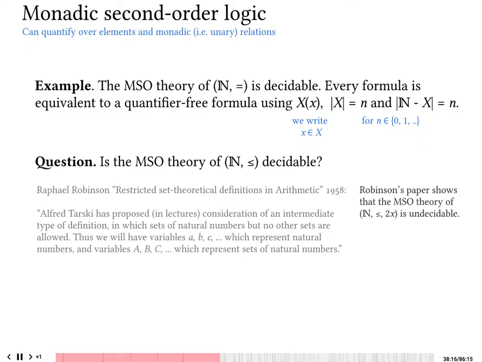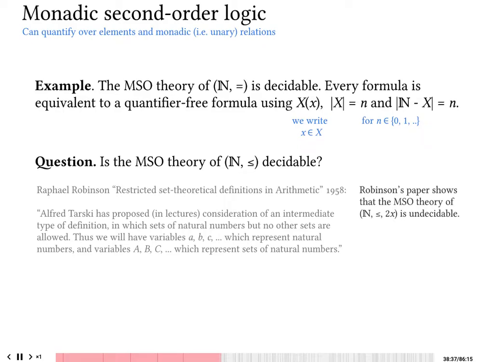The paper of Robinson that I'm citing maybe didn't give an answer to Tarski's original question, but it showed that it becomes already undecidable with MSO if you are allowed to double numbers. And then he asked, but maybe is doubling necessary or not?